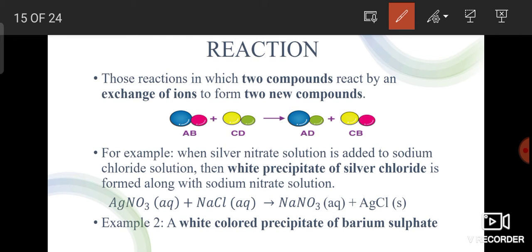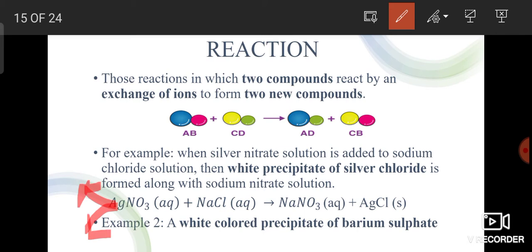So let's see it over here. The reactants that we have taken are silver nitrate and sodium chloride. We have taken the aqueous solution of these two substances, and then this silver nitrate will actually dissociate into its ions.